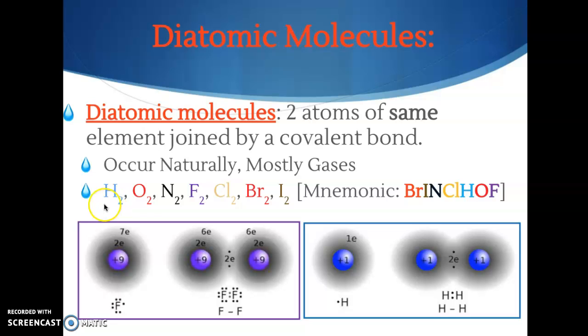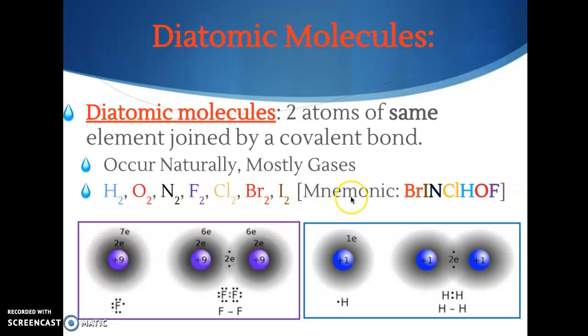Here's the list: hydrogen, oxygen, nitrogen, fluorine, chlorine, bromine, and iodine. Most of these are in the top right part of the periodic table, the elbow, which goes from N over to F and down to I. That's 6 of those diatomics. The other one is hydrogen in the top left corner.